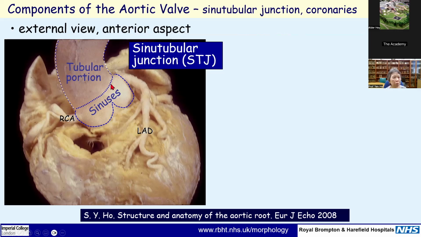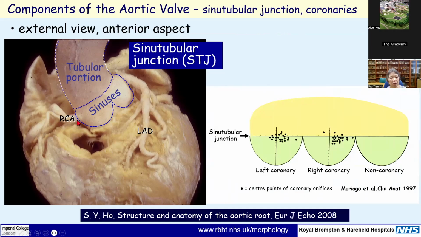And the borderline between the sinuses and the tubular portion is simply termed the sinutubular junction. In looking at the origins of coronary arteries, we can see in this anatomical study we made, albeit not that many normal heart specimens, the orifices of the coronary arteries tend to hover around the level of the sinutubular junction as depicted on this simplified diagram.